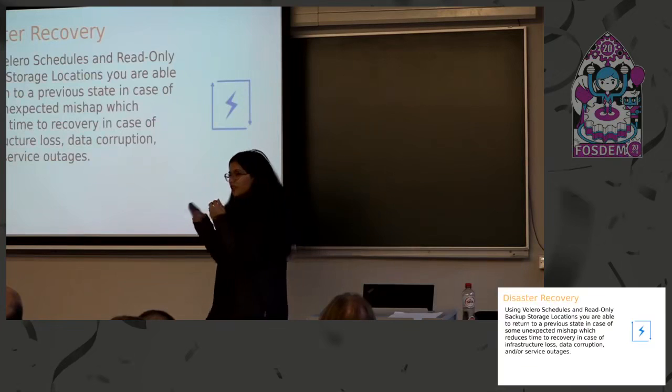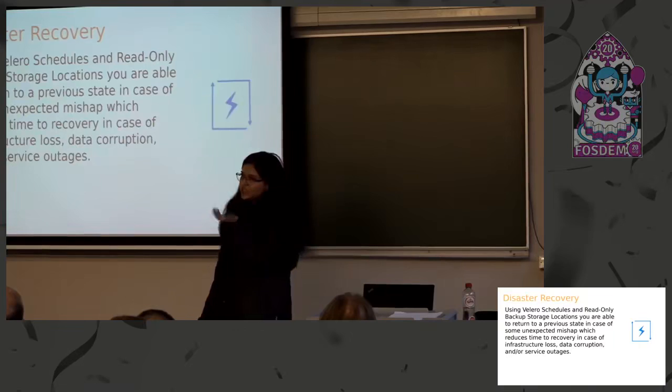Also at the time of restore, you can put your cloud object storage location into a read-only state, so that a new backup is not created while you are restoring your resources.